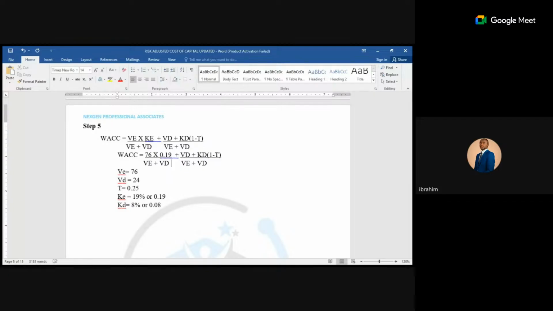Right? So we can have here value of equity 76, cost of equity 0.19, value of debt to be 24, value of equity 76, value of debt to be 24. So the cost of debt times, it is not plus, sorry, from the formula, it's times. I think I wrote plus something.